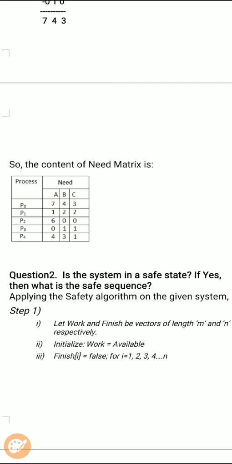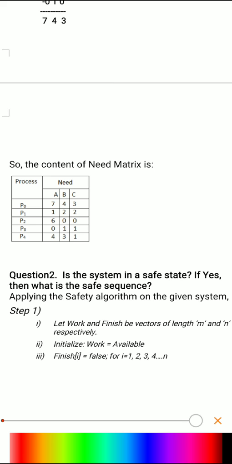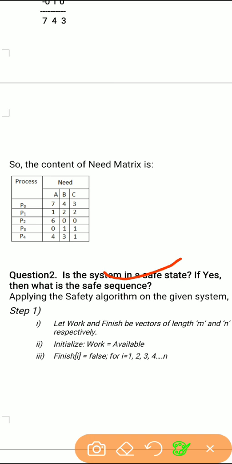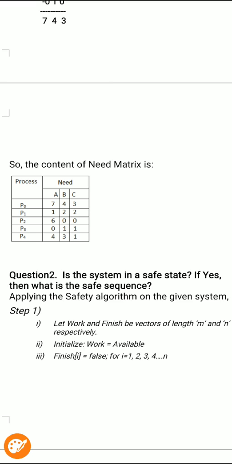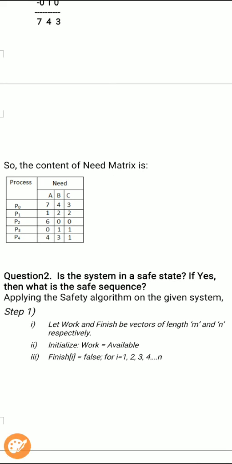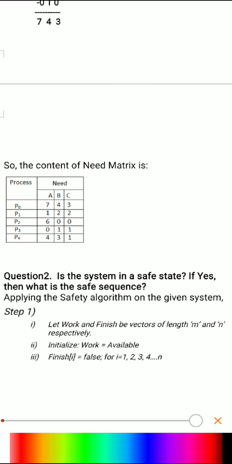Now the question number 2 is whether the system is in the safe state or not. If yes, what will be the safe sequence? So we will start. We will initialize work to the available matrix.